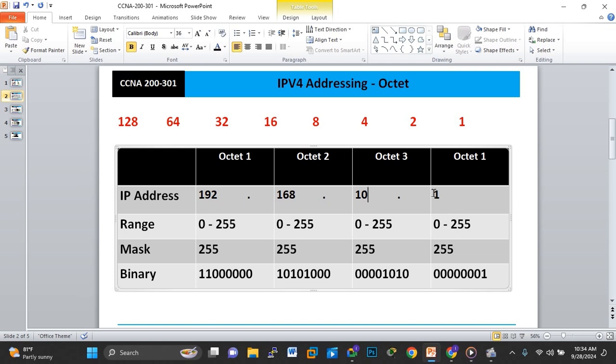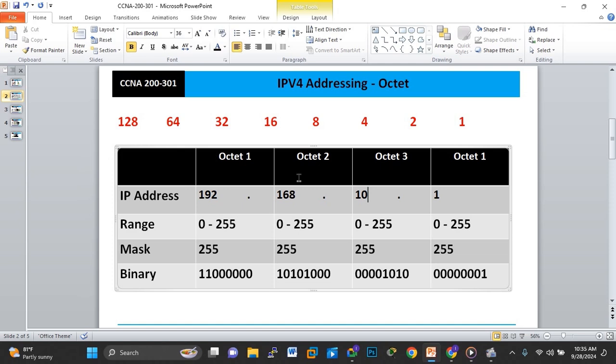Now here we see dot 1 here. The subnet mask show here 255. If this is 255, meaning there is no host. All these are network. There is no host. But in a normal network, there should always be a host.